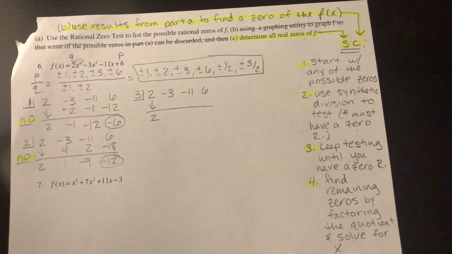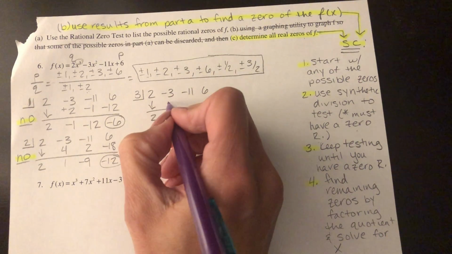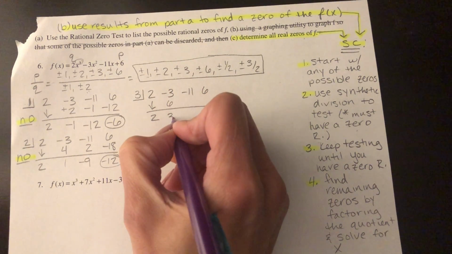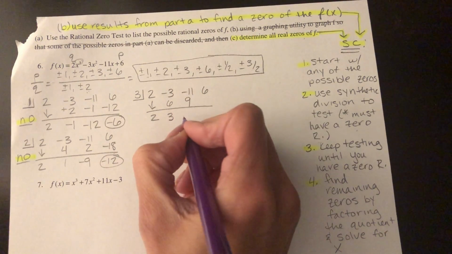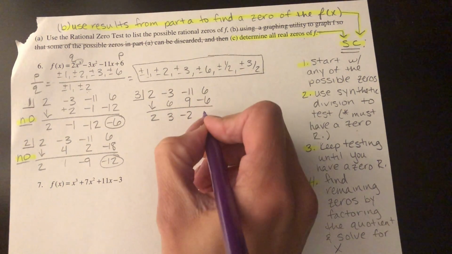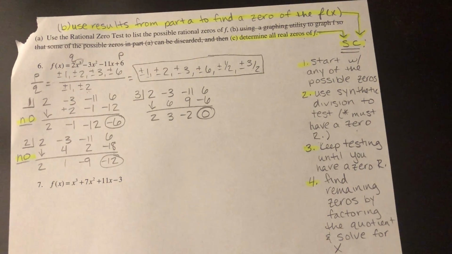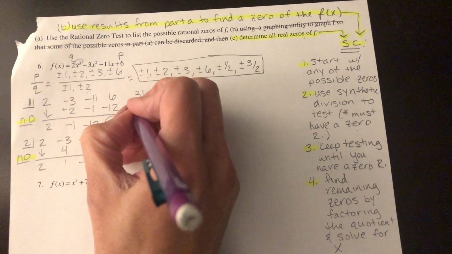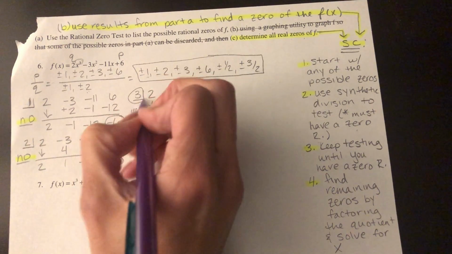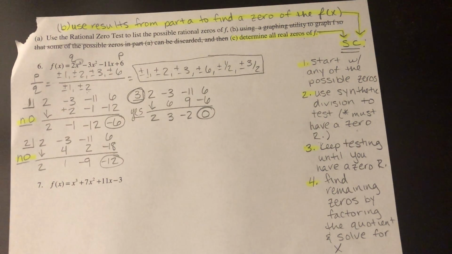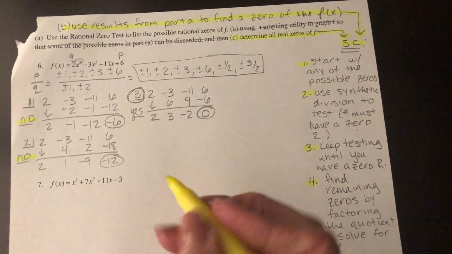Okay, multiply and add, multiply and add, multiply, yes. Look at that, we have a 0 remainder. That means that positive 3 is a 0.